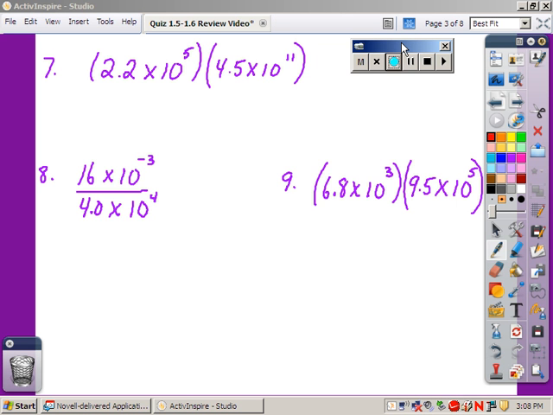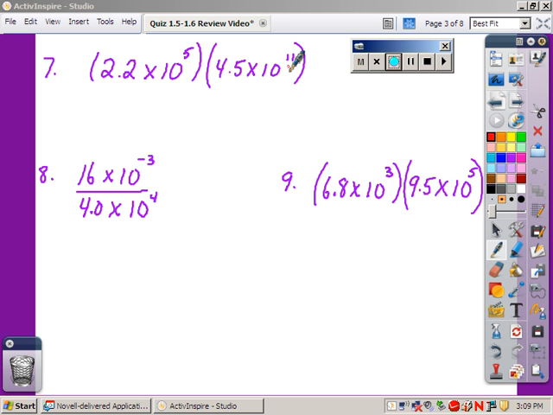These are scientific notation problems, which a lot of times you can use a calculator for, but sometimes the calculator likes to round the answer, so you need to be careful that you're using the calculator for the right reason. For number 7, scientific notation is really one of the easiest things we have to do. All you do is multiply the regular numbers together, and then we're going to add these exponent terms.